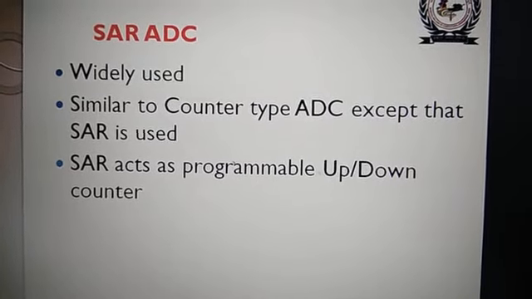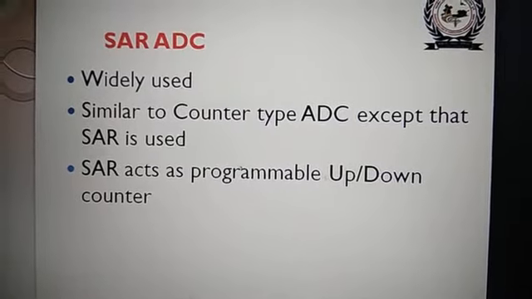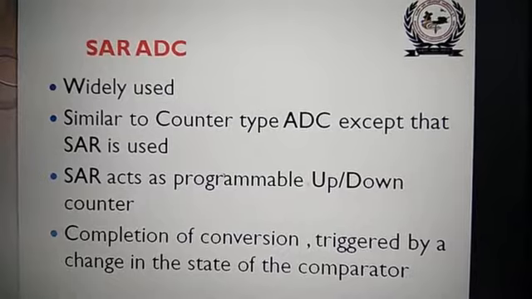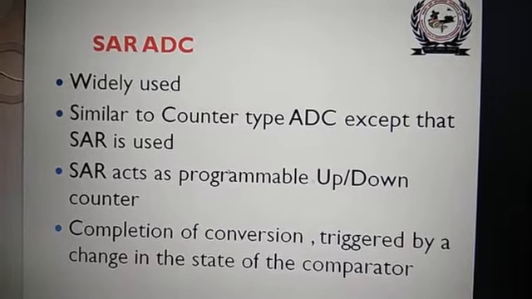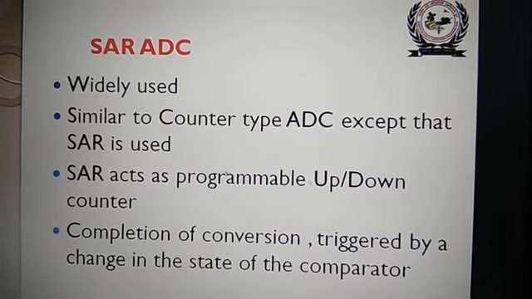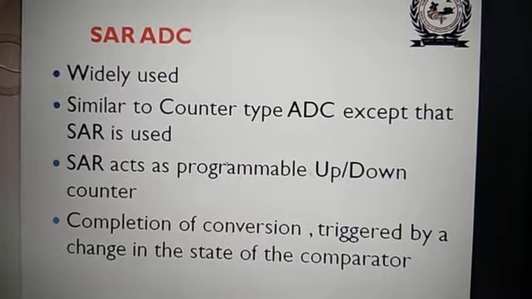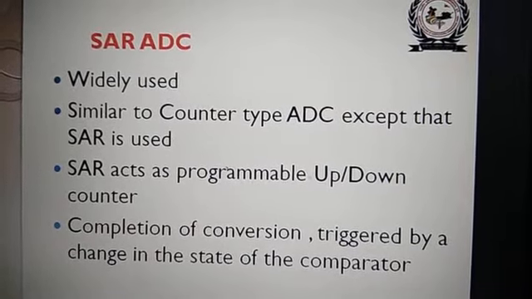This register which we have seen in the diagram, registers SAR, acts as a programmable up-down counter. Completion of conversion is triggered by a change in the state of the comparator. We have the trigger signal there, so we can change the bit position, or we can make the completion of the conversion also.